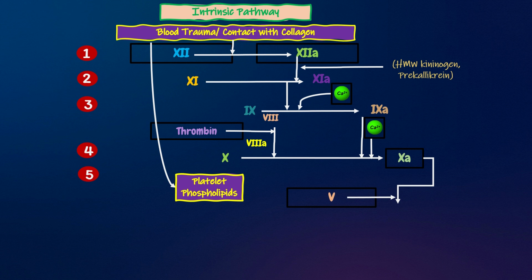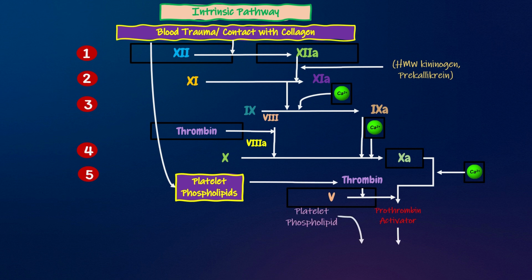That is, activated factor 10 combines with factor 5 and platelet or tissue phospholipids to form the complex called prothrombin activator. The prothrombin activator, in turn, initiates the cleavage of prothrombin to form thrombin within seconds, thereby setting into motion the final clotting process as described earlier.